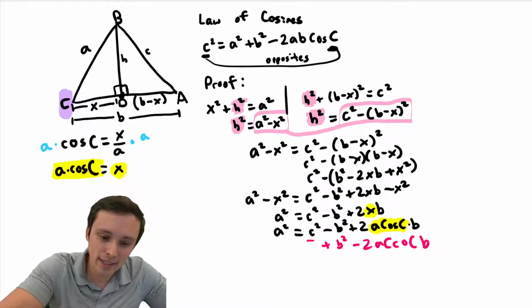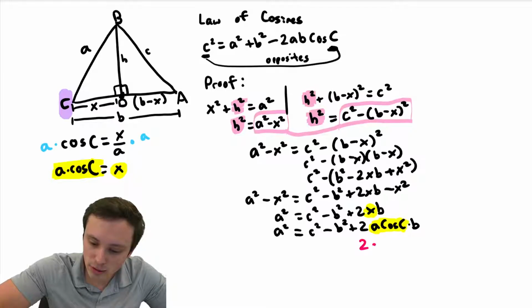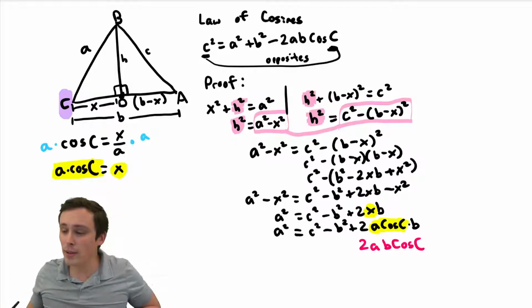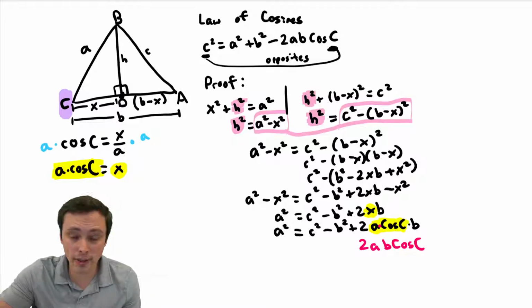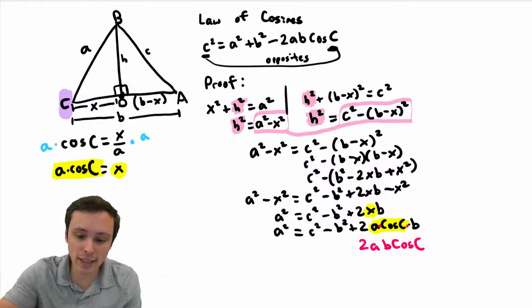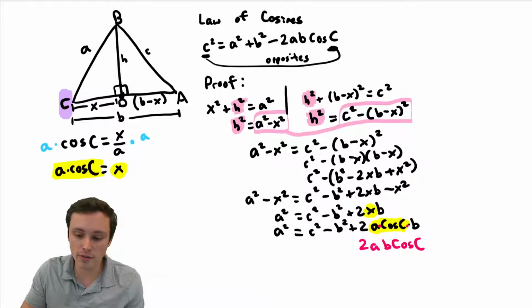Actually, you know what? Let's make this look a little bit nicer. That'll actually be our next step. Let's make some things match up. This 2ab cosine c. Are we good with that? We can rearrange the order of multiplication, right? That's all I did here. I just rearranged the order of multiplication. Why did I do that? I wanted it to match that stuff at the end of our formula, okay?